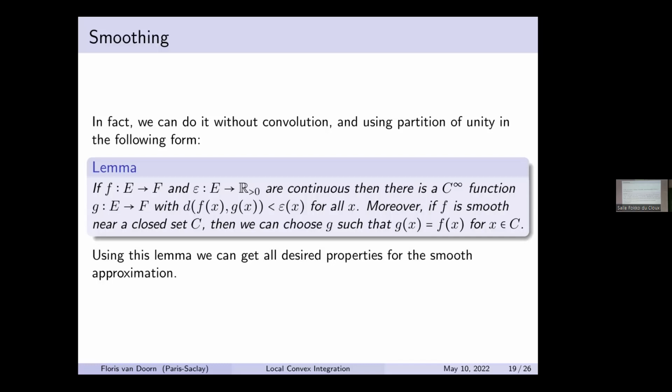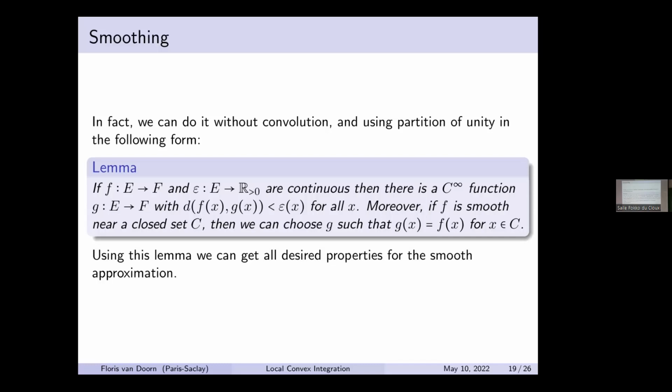So in this case, we have a continuous function f, and we want to approximate it with some C infinity function such that the distance between this approximation and f is never more than epsilon apart, but epsilon may depend on the point where we are. We get a smooth function that is never far away from f, specified by epsilon.